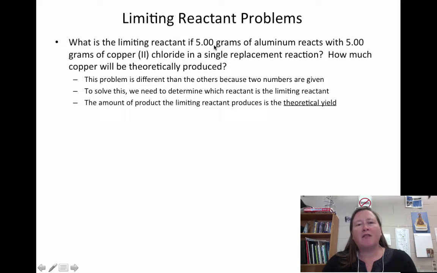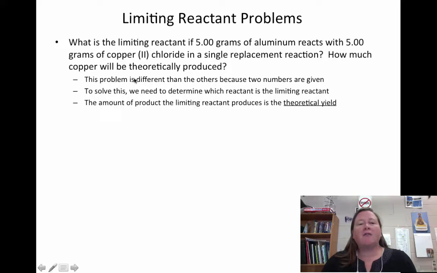So in this case, when you go to look for the number, there are two numbers. We have 5.00 grams of aluminum and 5.00 grams of copper 2 chloride. So how do you know which one to use?